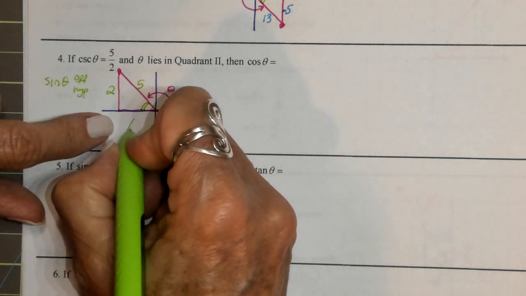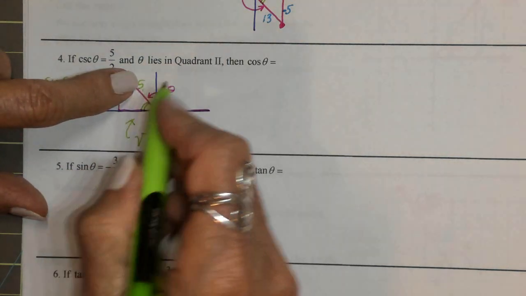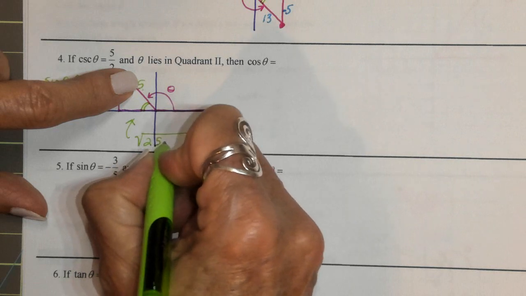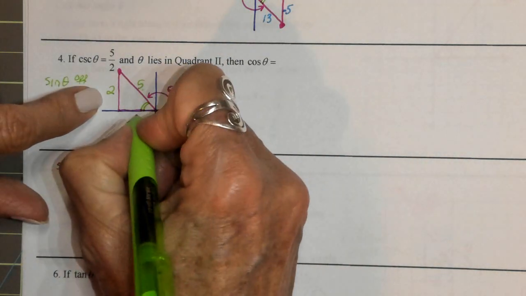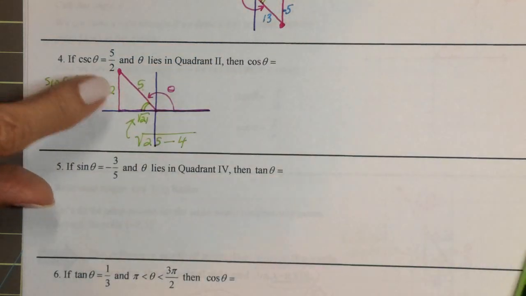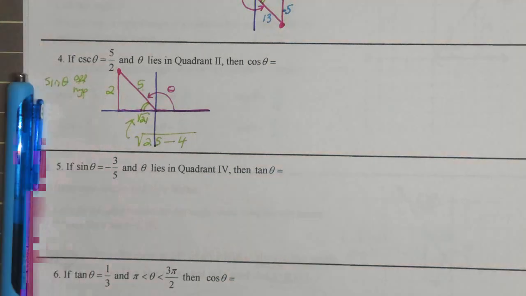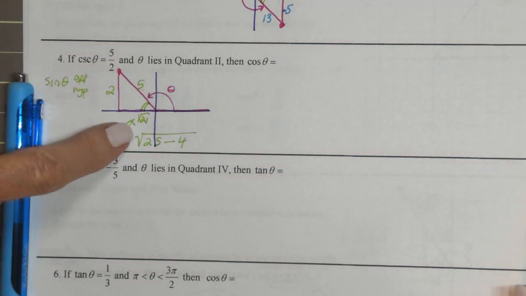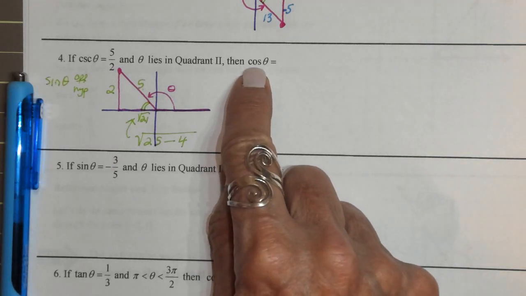So in my head, I'm doing the square root of the square of the hypotenuse minus the square of the other leg. So that's going to be the square root of 21. Okie dokie. So we found our other side here, and now we are going to find cosine of theta.